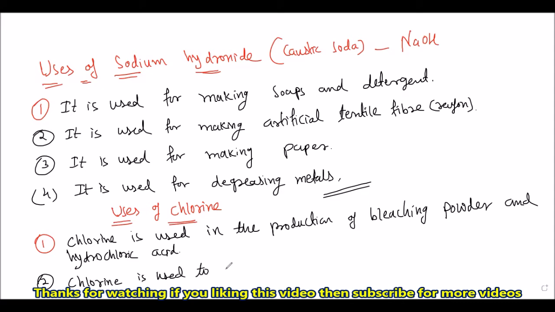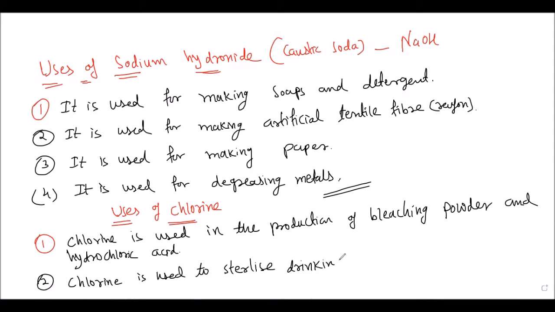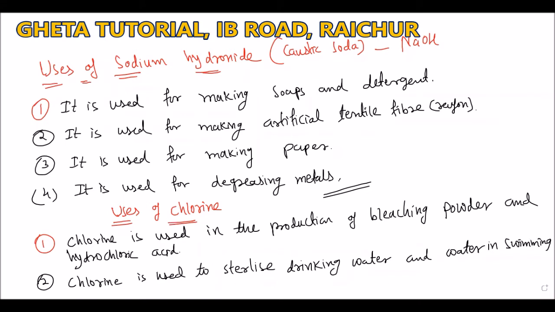Chlorine is used to sterilize drinking water, and also the water in swimming pools.